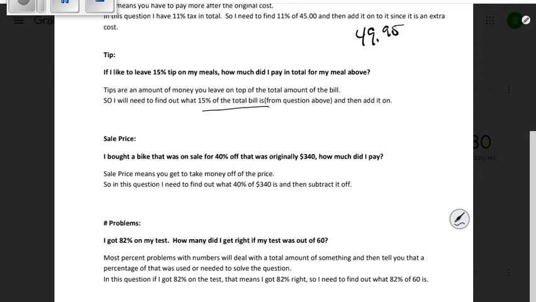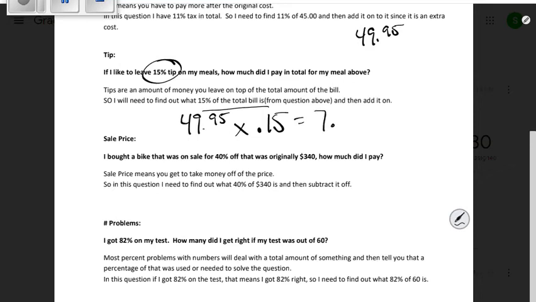So I'm going to take that 49.95 and multiply it by 15%, which is 0.15. 49.95 times 0.15, and I get 7.4925.